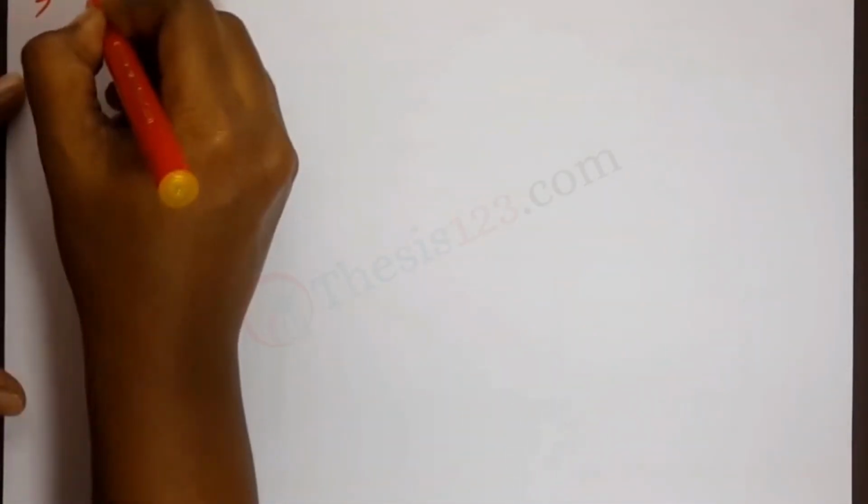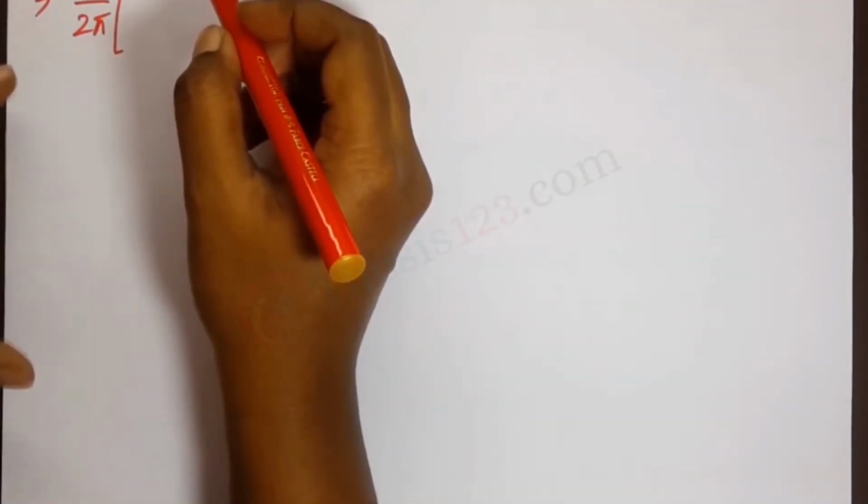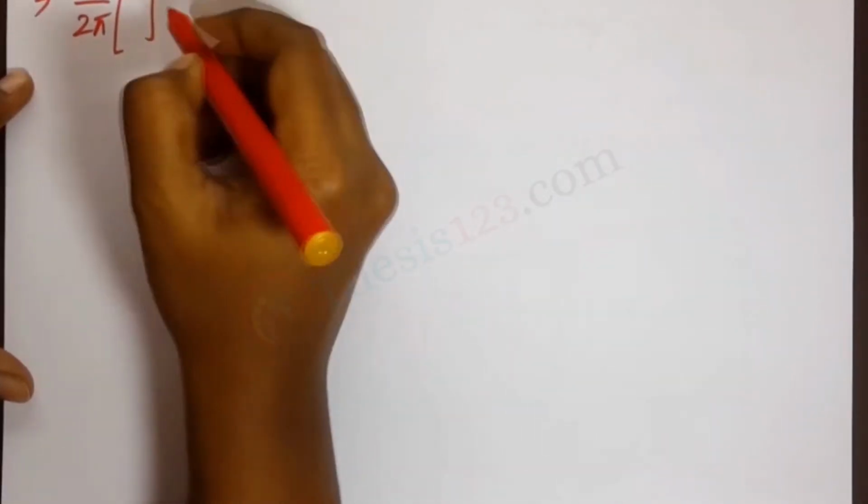This implies that 1 by 2 pi into, now in order to make it a little easier to write down all the steps, let's take the part which is inside the brackets. You see there's sine 100 pi t. Let's write 100 pi t as just omega t. That would make it simpler to write down the expression.